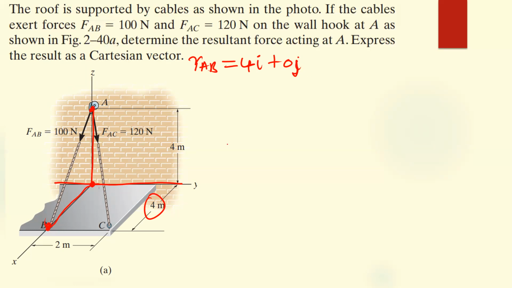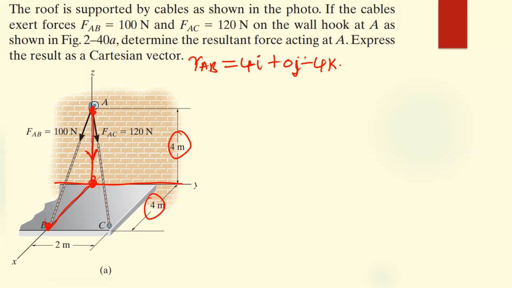And then in the Z, we are moving from this point to that point. This distance has been given to be 4 as well, but this 4 is going to be negative because we are moving towards the negative Z axis. So this is going to be negative 4k. The next step is to find the unit vector in the direction of AB.